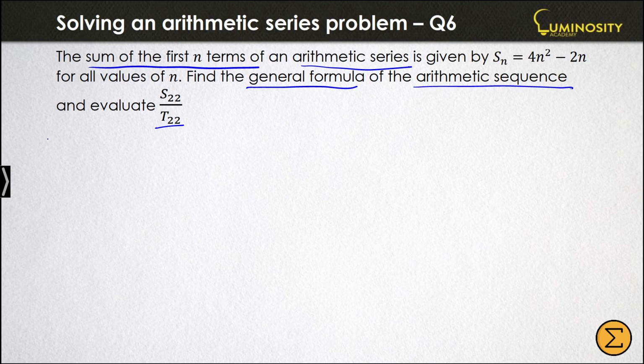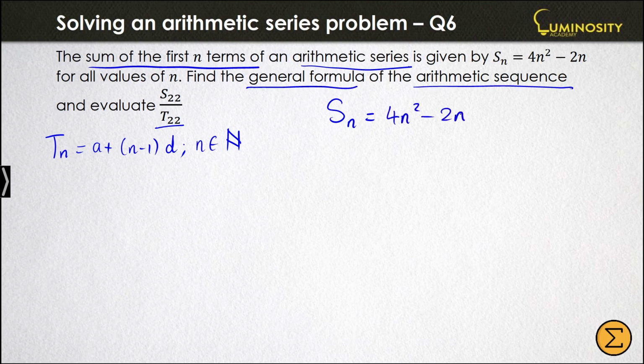So let's do this. You know that the general form of an arithmetic sequence is a plus n minus 1 times d, where n is a natural number. But all we are given is S sub n, which is 4n squared minus 2n. Now, we generally know that the Sn formula looks like n over 2 times 2a plus n minus 1 times d.